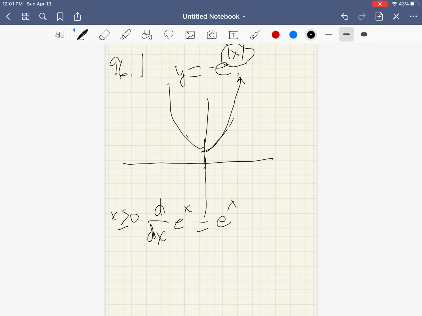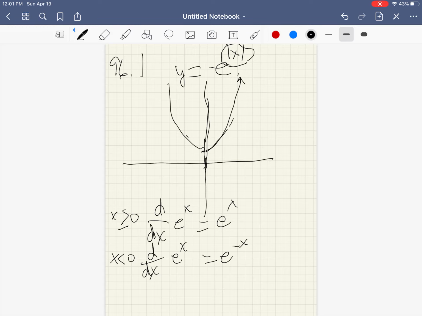But when x is less than 0, it's going to be e to the negative x, because we're plugging in a negative number for x here. The graph looks the same, it's just reflected against the y-axis.